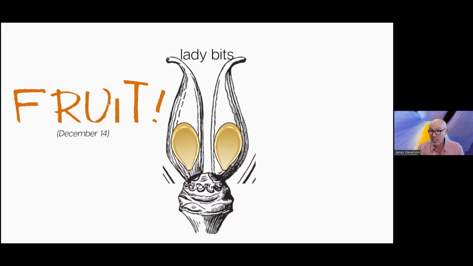But botanically speaking, fruit is a ripened ovary containing seeds. I don't care if you like to eat it or if your neighbor eats it. It doesn't have to be an edible thing to be a fruit. Botanically speaking, all it has to be is a ripened ovary.